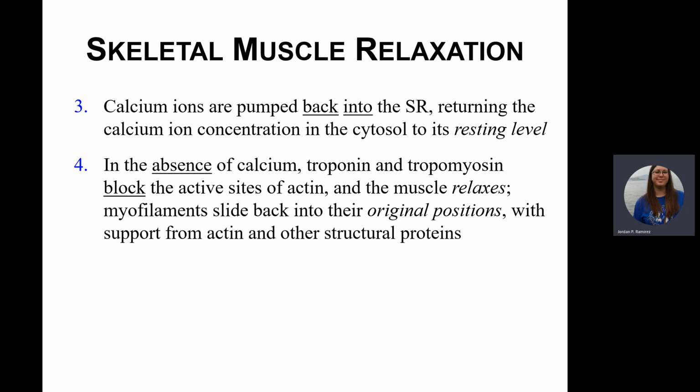This returns the calcium ion concentration in the cytosol to its resting level. Basically, we're pumping our calcium ions back where they came from. In the absence of calcium, troponin and tropomyosin will block the active sites of actin, and the muscle relaxes. The myofilaments will slide back to their original positions, with help from elastic and other structural proteins as well.